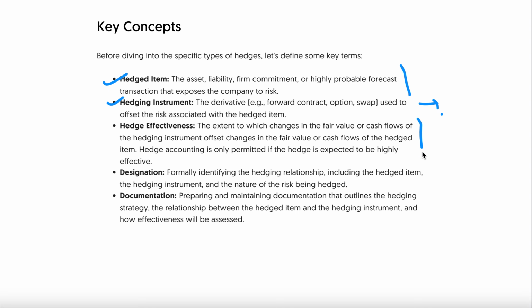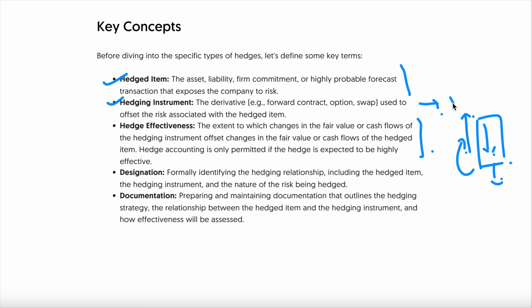Now, when we talk about hedge effectiveness, remember one thing: your hedged item has to go in this direction and your hedging instrument has to go in the opposite direction for it to be effective, isn't it? Because you were assuming that's what's going to happen. So for you to protect yourself from this happening in the future, that's why you got into this.